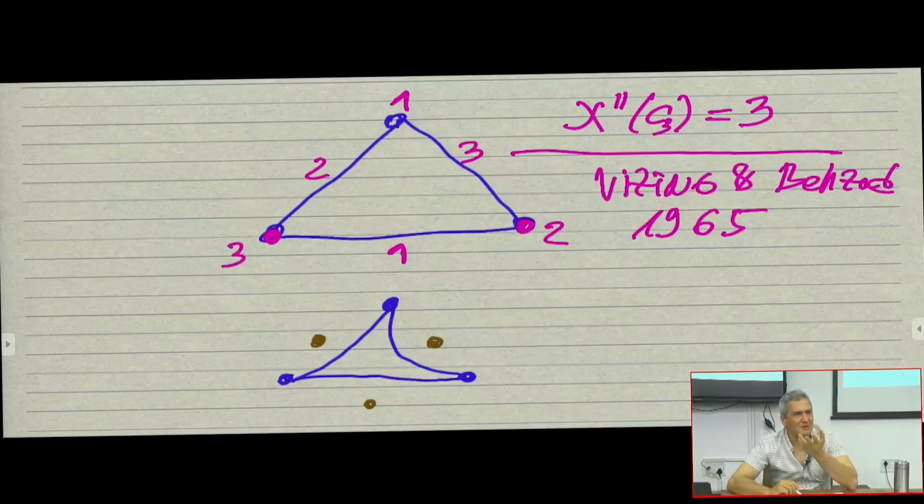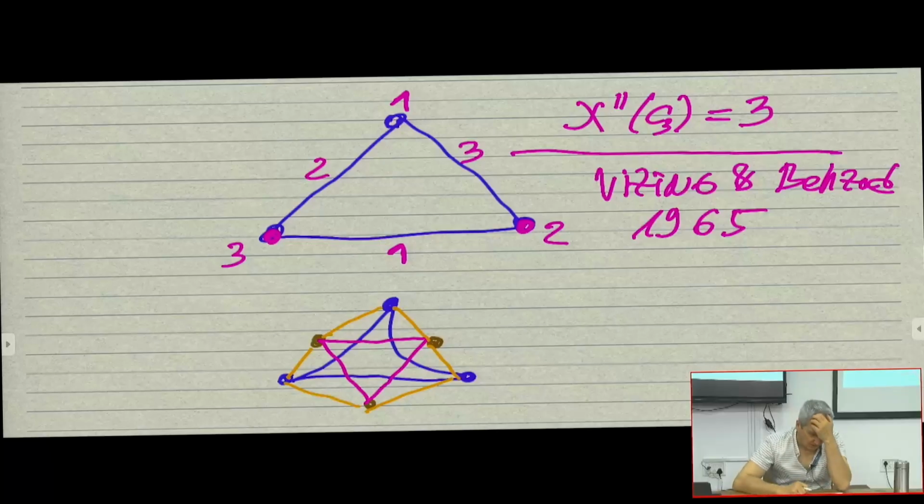Two edges which were adjacent before, now we connect. And now every edge we connect with its end vertices, actually the corresponding vertex of the edge.